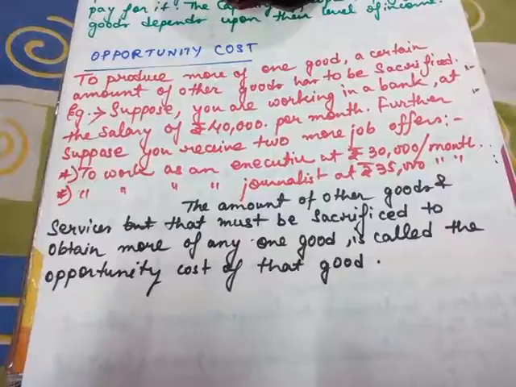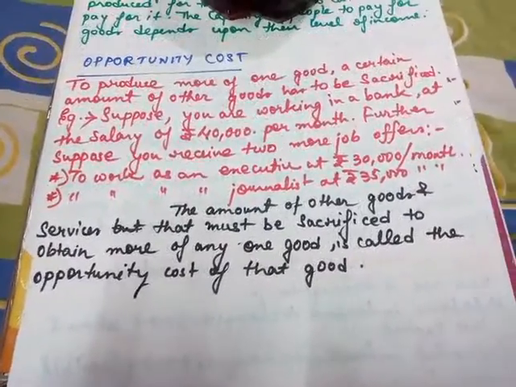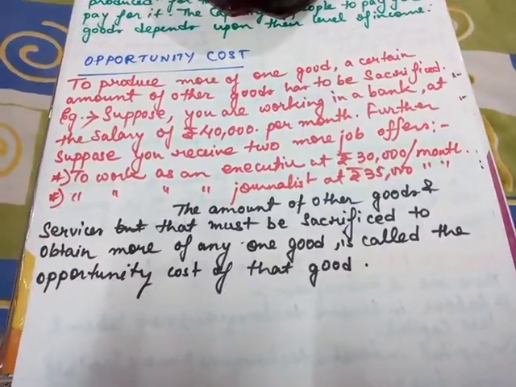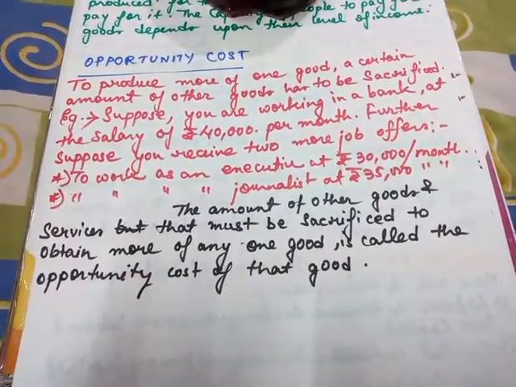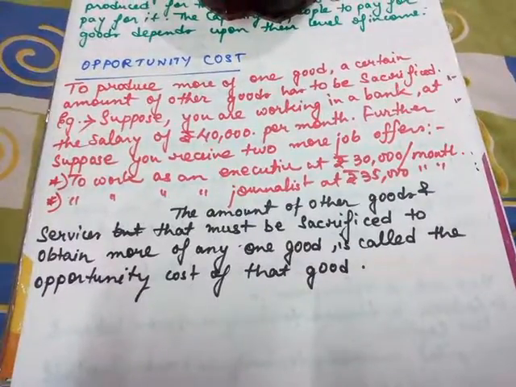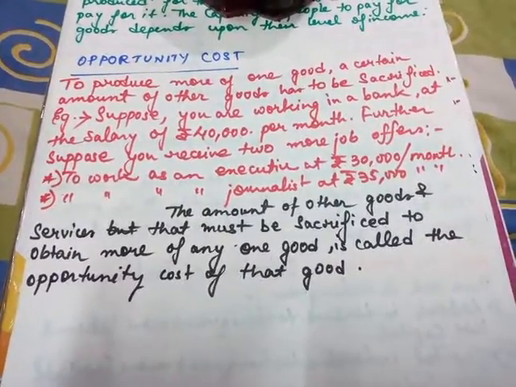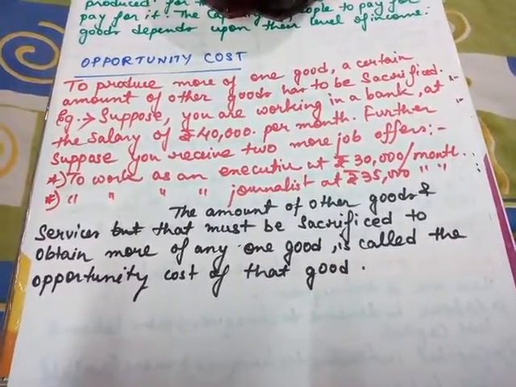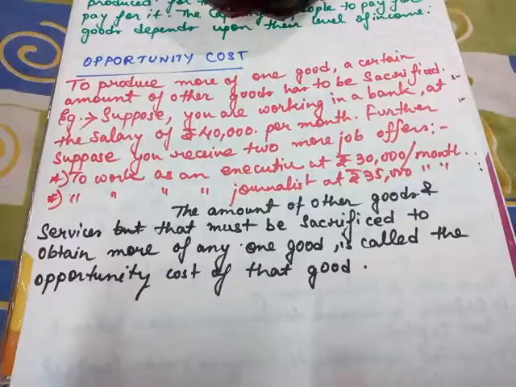If you want one more extra packet of bread, you have to sacrifice one packet of biscuit. Means if you want to gain 6 packets of bread, you have to sacrifice one packet of biscuit.